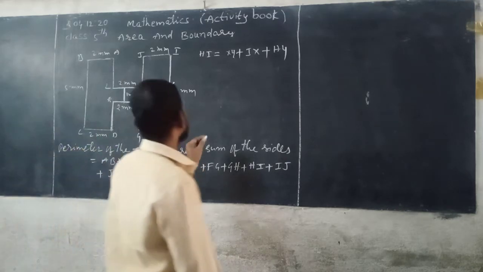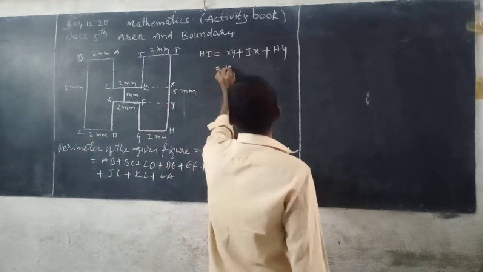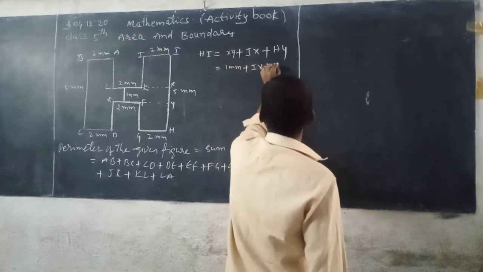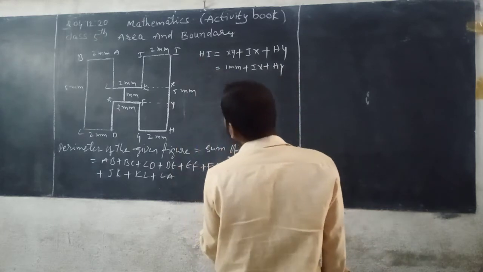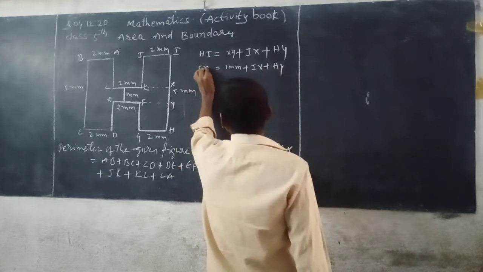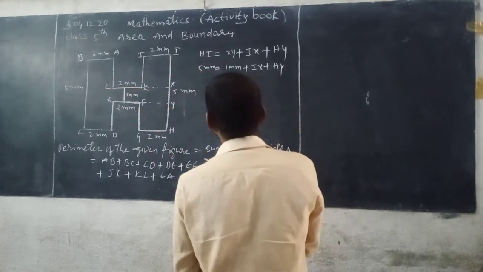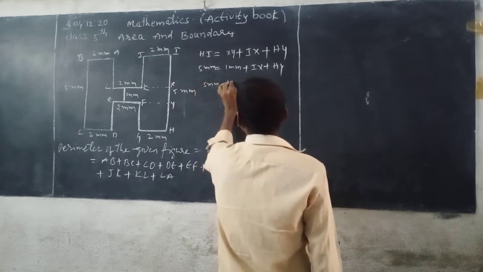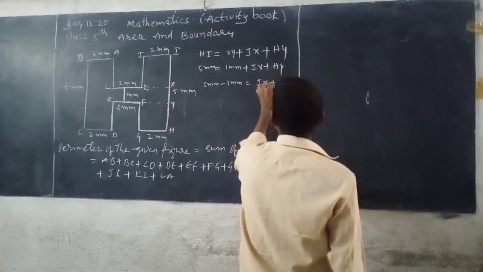That is equals to XY means 1 millimeter plus IX plus HY. See, HI is equals to 5 millimeter. Then 1 millimeter taking this side, plus goes to minus. 5 millimeter minus 1 millimeter is equals to IX plus HY.